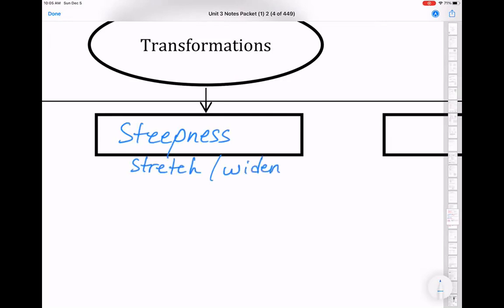We'll be emphasizing more of those. You could say it got steeper. That's kind of the stretch version of it. Or it got less steep or more level. And really the value that controls that is your M. So M value controls that.